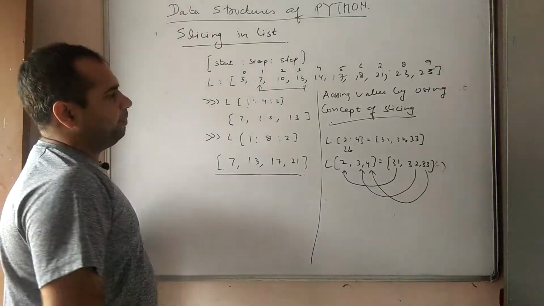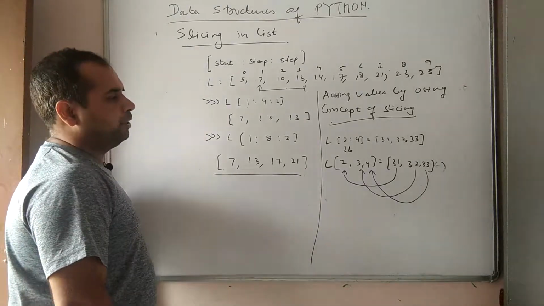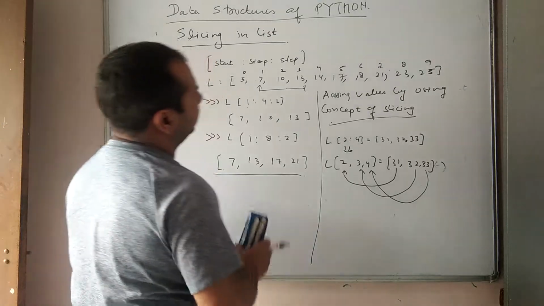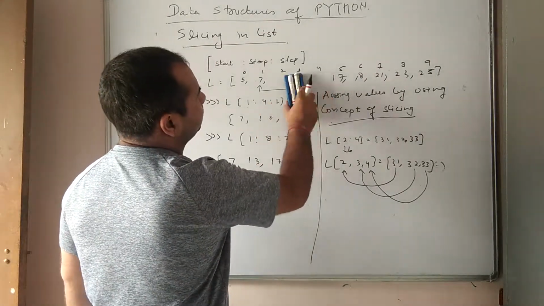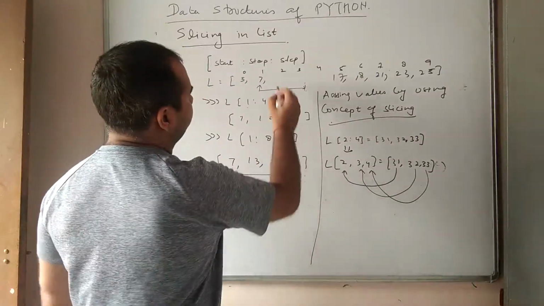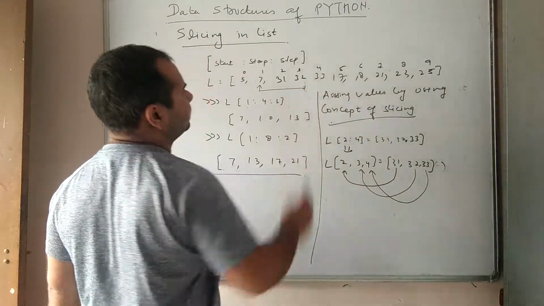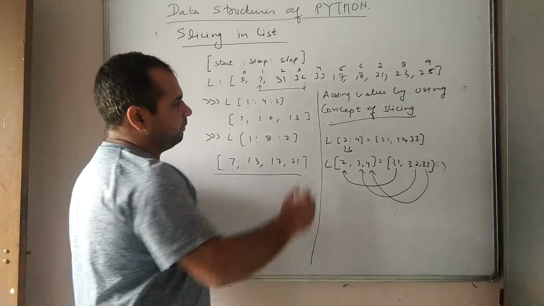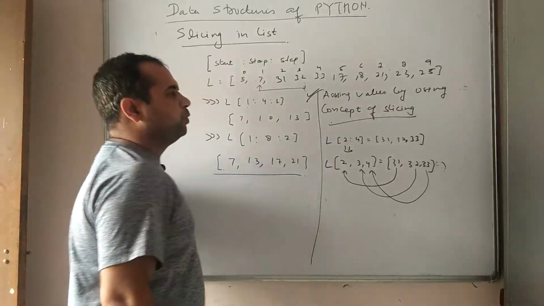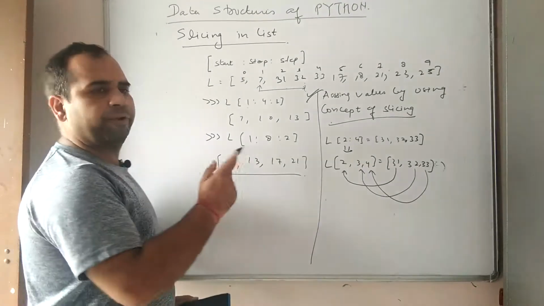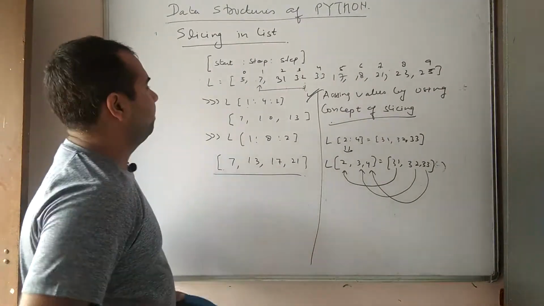Now let us change the values of L[2], L[3] and L[4]. These are 10, 13 and 14. Now you change them to 31, 32 and 33. This is a very important concept. This is assigning values by using the concept of slicing, right? This is a very important topic.